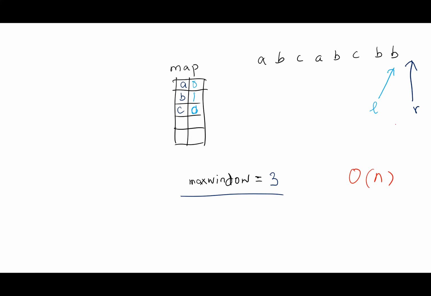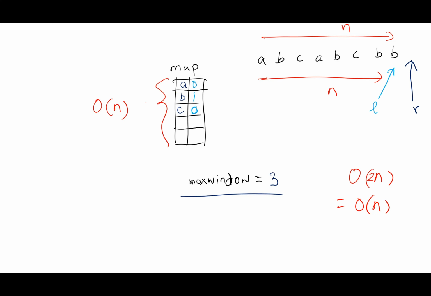This right pointer moved n times, and the left pointer also probably has moved n times. So it's order of 2n, which is order of n. And the space complexity, you can say it's order of n, because there will be at most n entries here.